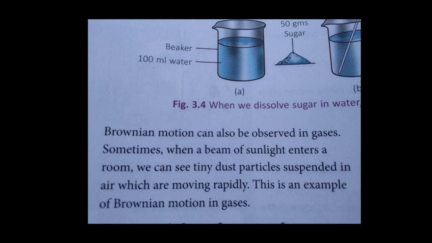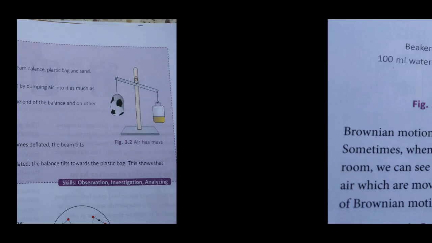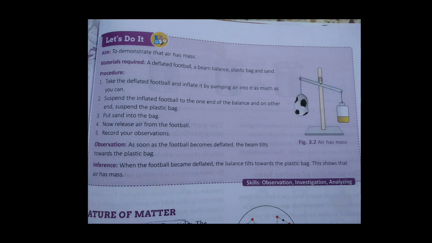Actually, that is Brownian movement, and you are seeing that Brownian movement with your eyes in gases. Understood, student? I think it is clear now. Okay, so let's move to the next topic.